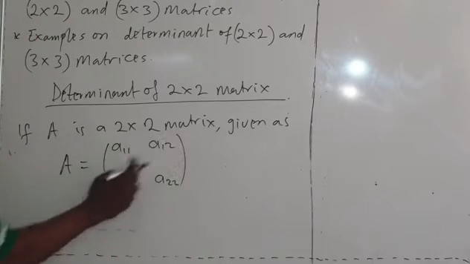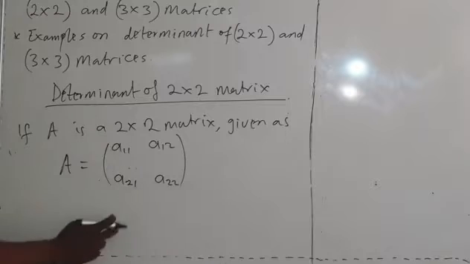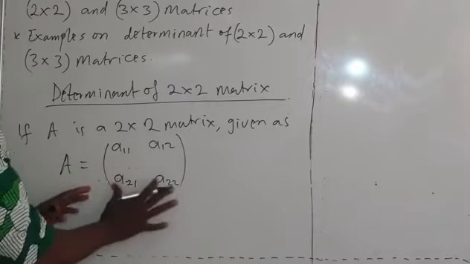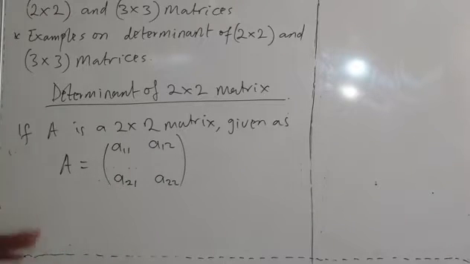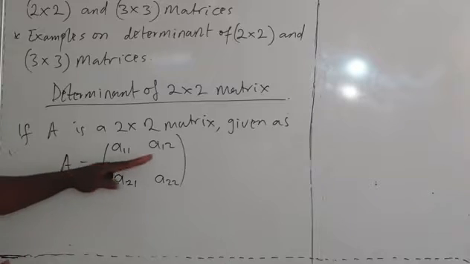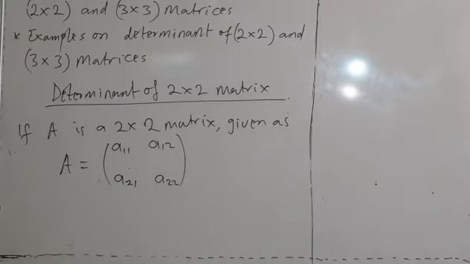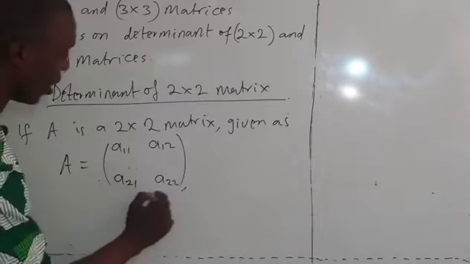So we have the first row, the second row, first column, second column. This matrix A is a 2 by 2 matrix because the number of rows is equal to the number of columns.